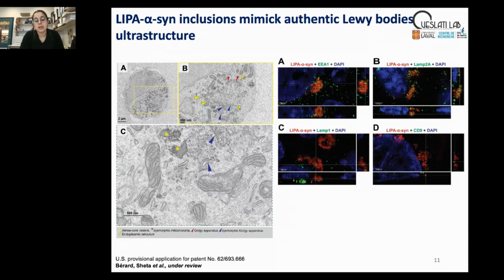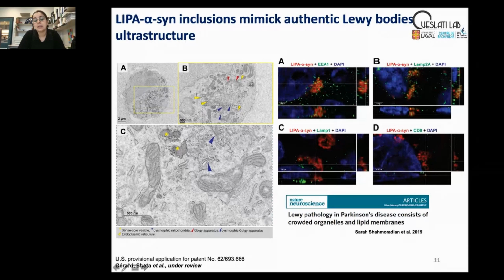So what was interesting is that we looked at these and we wanted to further validate this using ICC examination from HEK cells. And indeed, when we look at the cells, we see positive markers for the endosomal marker EEA1, the lysosome markers LAMP2 and LAMP1, and the CD9 marker, all indicative of what has been recently suggested, that in Lewy pathology, in Parkinson's disease, the Lewy bodies do not only consist of fibrils, but also of crowded organelles and lipid membranes.